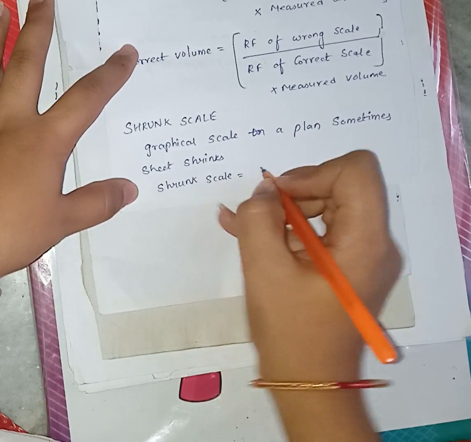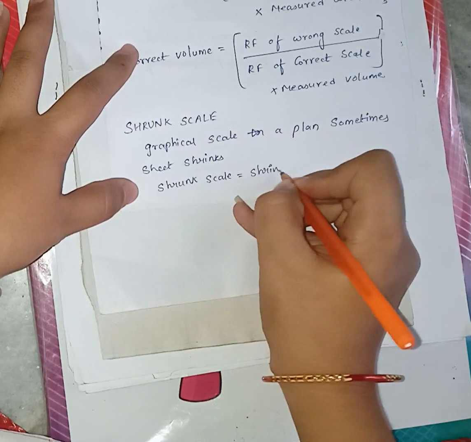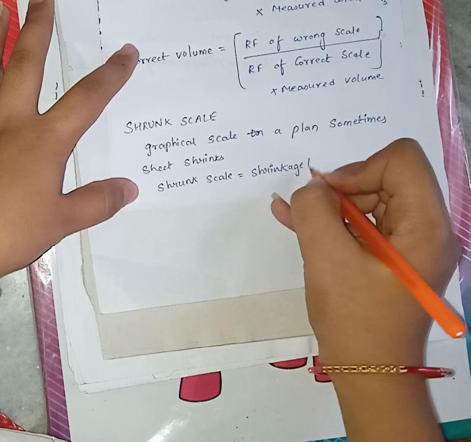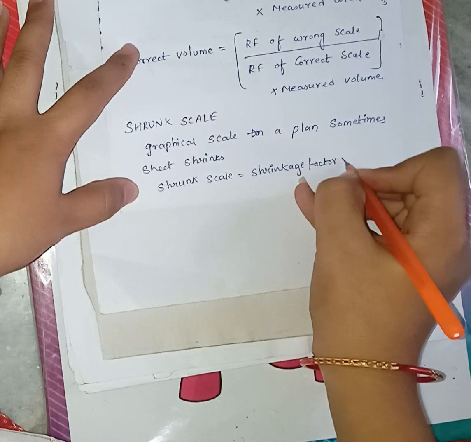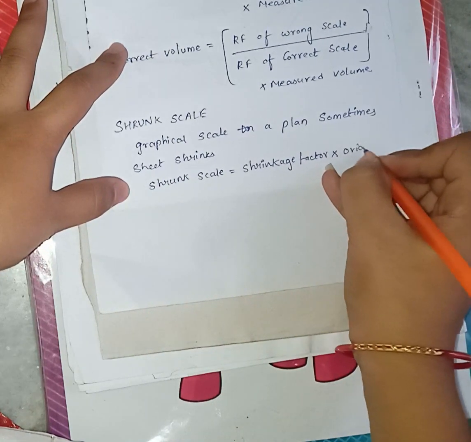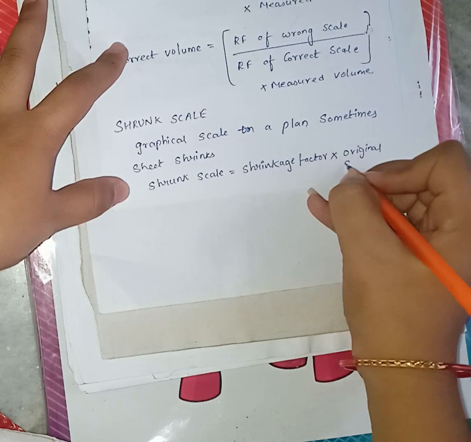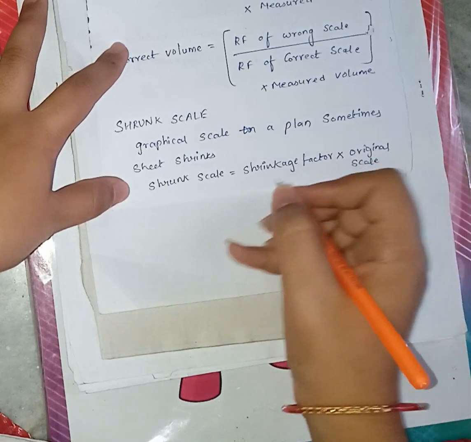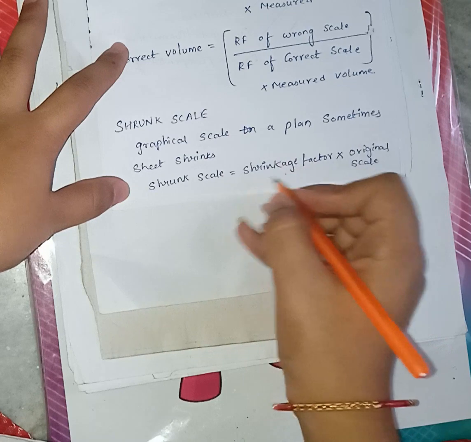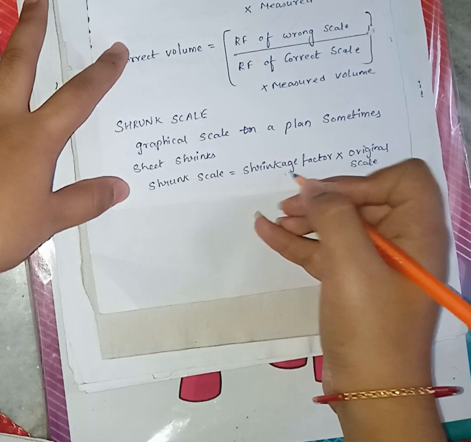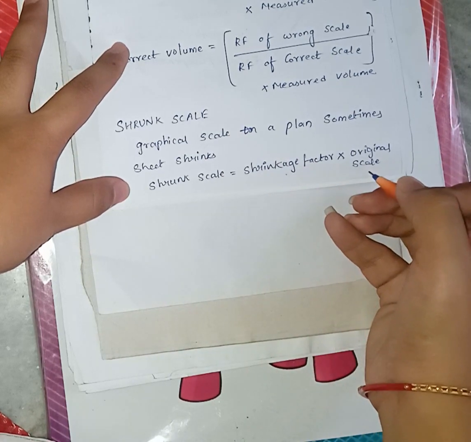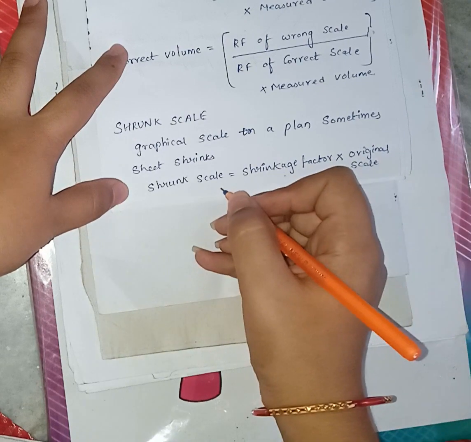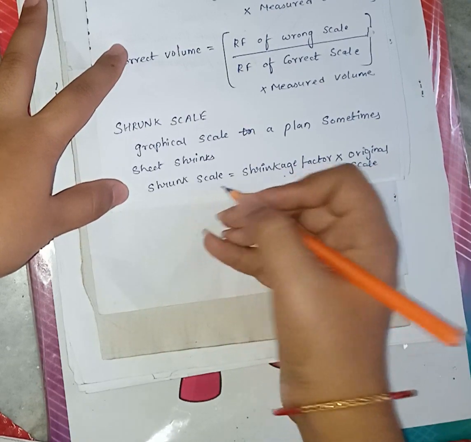Shrunk scale equals shrinkage factor into original scale. The shrinkage factor means how much the sheet has shrunk. By using this formula we can find the shrunk scale.